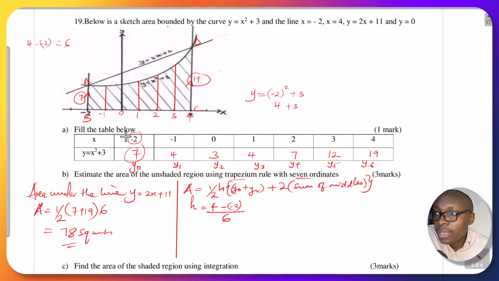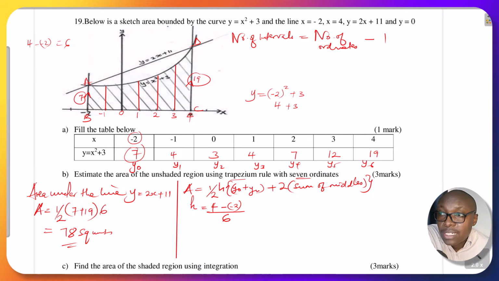Why subtract 1? Because the number of intervals is equal to the number of ordinates subtract 1. Look at these, the intervals. These are the spaces from -2 to 4. The intervals 1, 2, 3, 4, 5, 6.